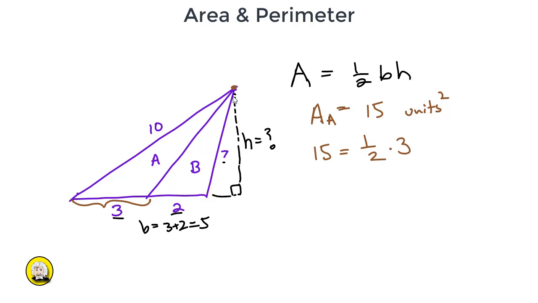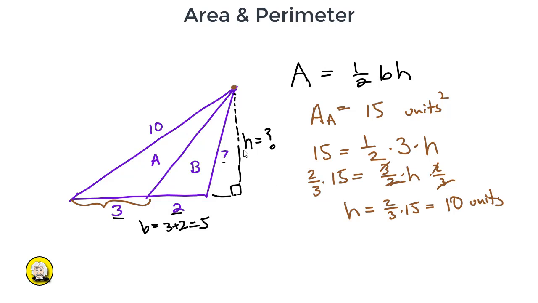Solving for h, h equals 2/3 of 15, which equals 10 units. In the absence of having an actual height perpendicular to the base, I was able to derive it by noting the area of one triangle would allow me to calculate the height, the very same height of the entire larger triangle AB. From that height, I can then calculate the area of my larger triangle AB.